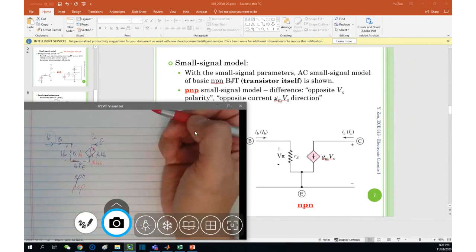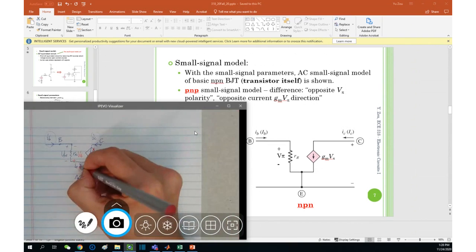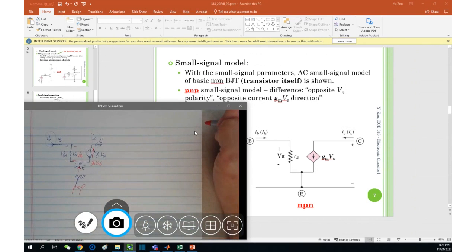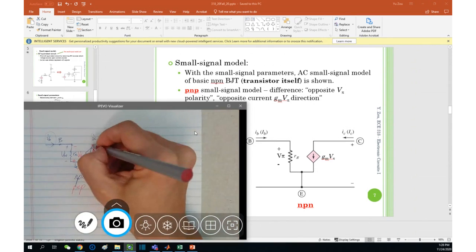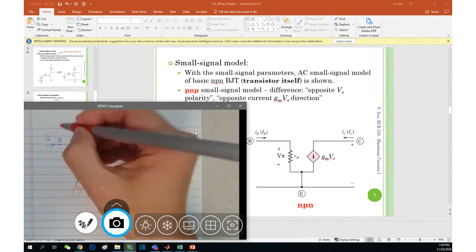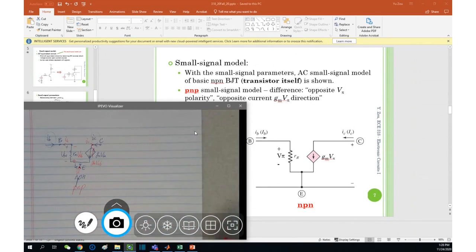Same as in the DC, IE is flowing into the emitter of the transistor, and IC is here. IB is also reversed, direction reversed.